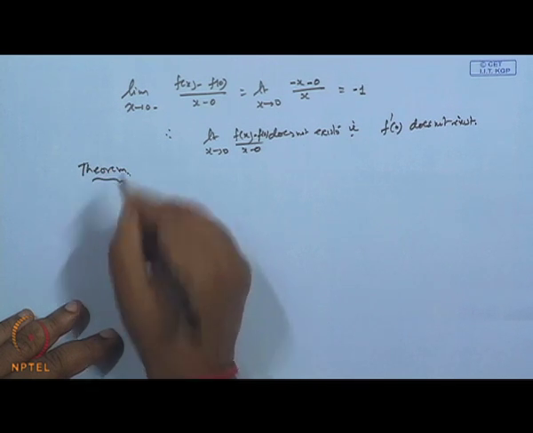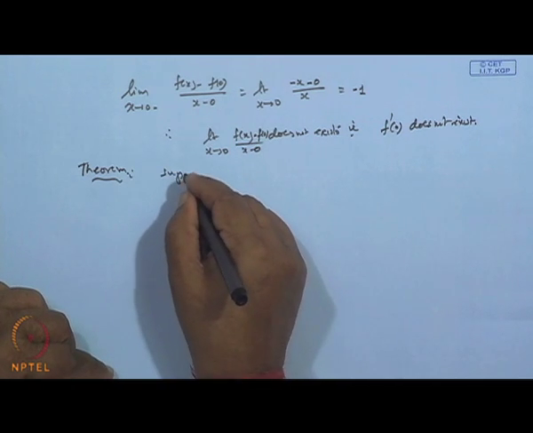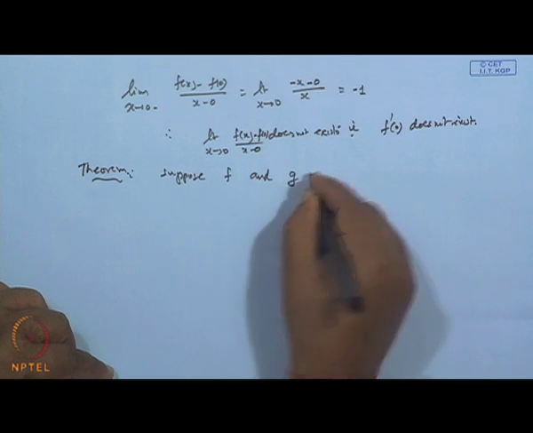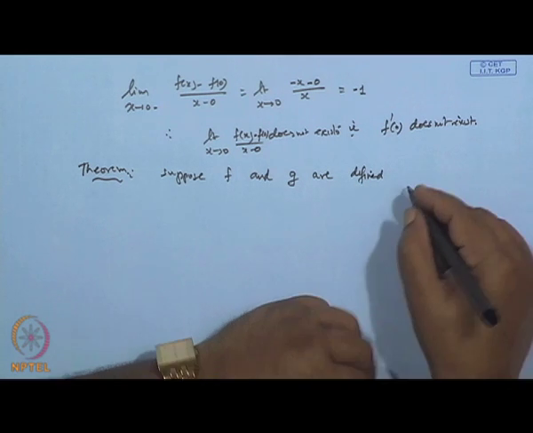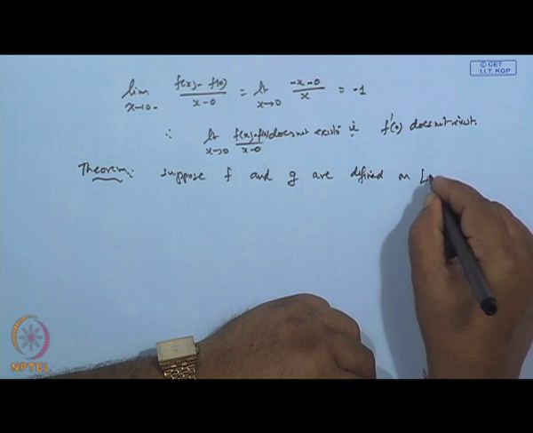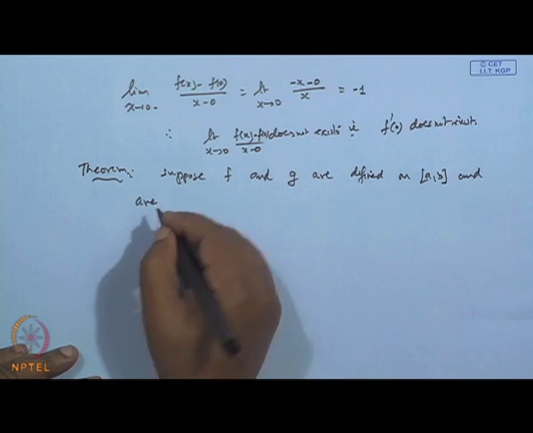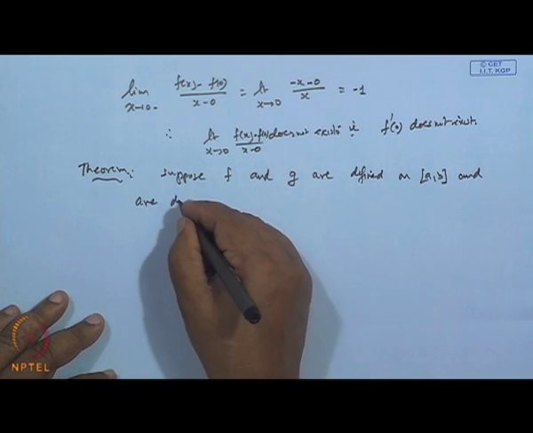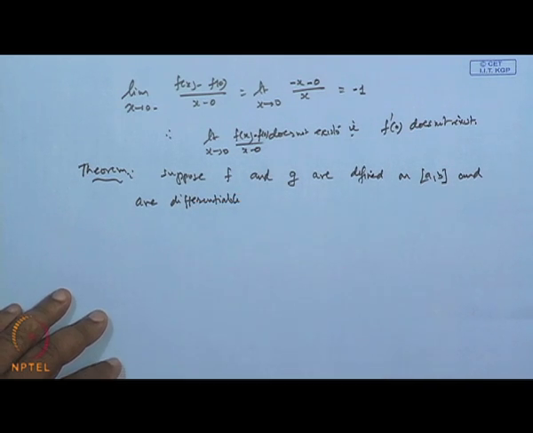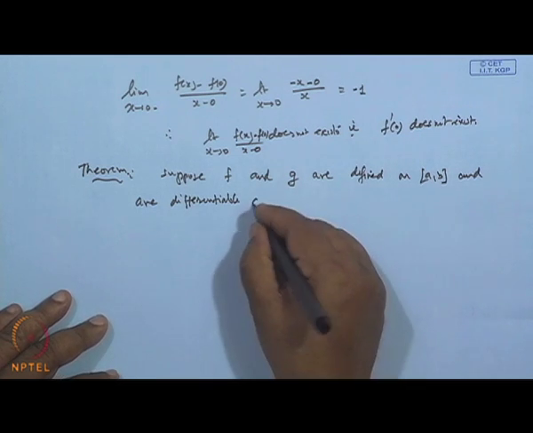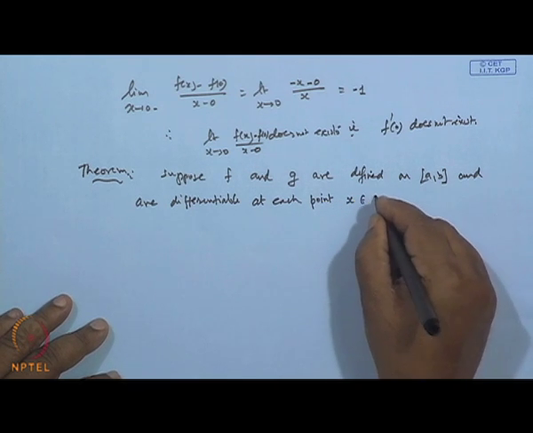The result is in this form. Suppose f and g are defined on the closed interval [a, b] and are differentiable at each point x belonging to [a, b].